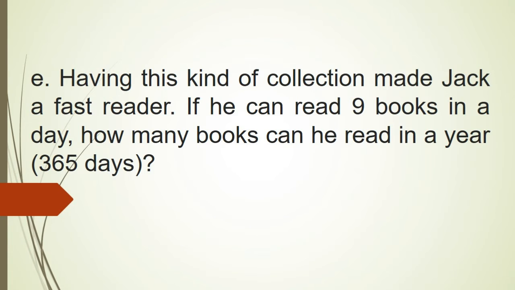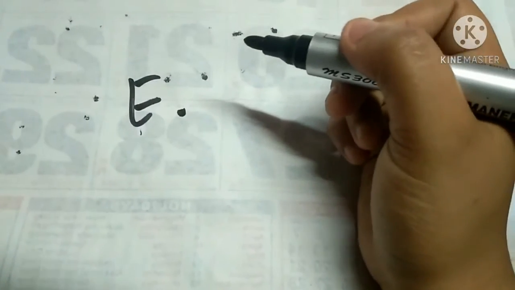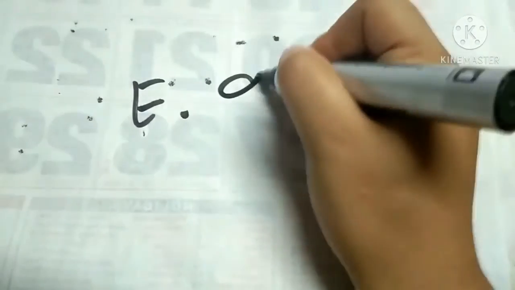Letter E. Having this kind of collection made Jack a faster reader. If he can read 9 books in a day, how many books can he read in a year, 365 days? Question. Jack can read 9 books in a day.